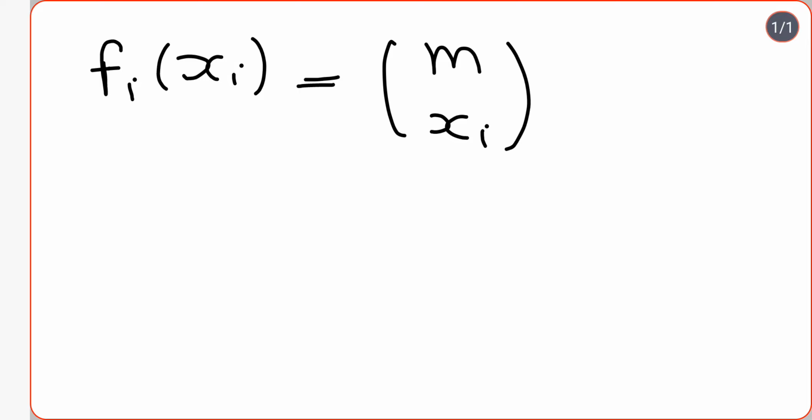Some people can also write it as mCxi, p to the power xi, and q, that is nothing but 1 minus p, to the power m minus xi. This is the general form of the binomial distribution: mCxi, p to the power xi, q to the power m minus xi. Now this is a function of p, because q is nothing but 1 minus p.